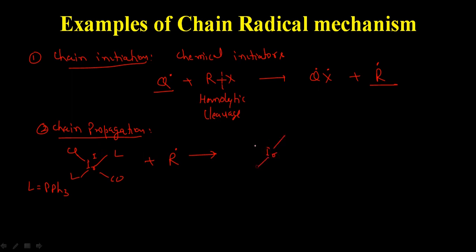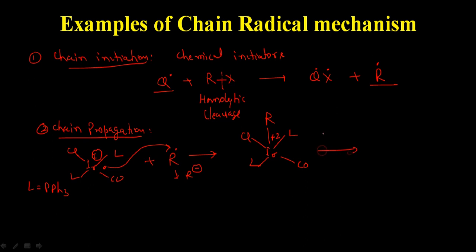Iridium forms a square pyramidal type structure with R. So we have L, CO and Cl. One of the electrons from iridium is given to R radical, converting it into R negative, which then finally coordinates with iridium. So this increases the oxidation state of iridium from +1 to +2.